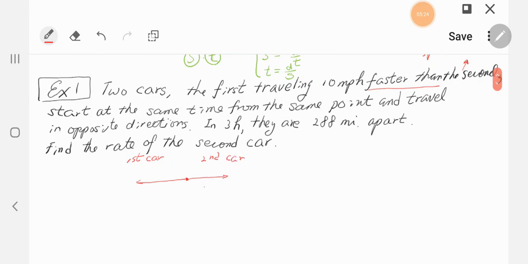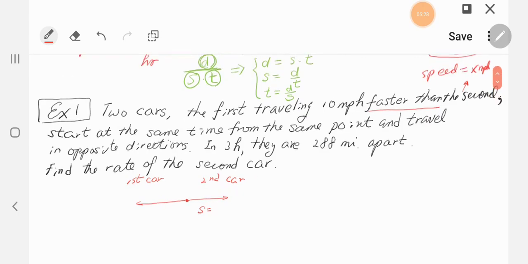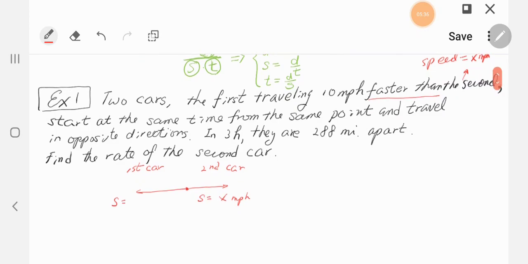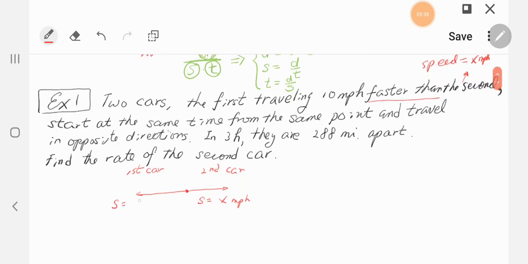And the speed of the second car is, let's say, x miles per hour. Then the speed of the first car is 10 miles per hour faster, so we can write x plus 10 miles per hour. That's the speed.